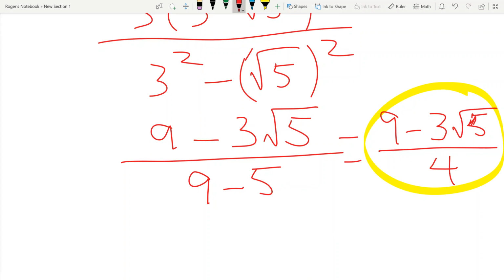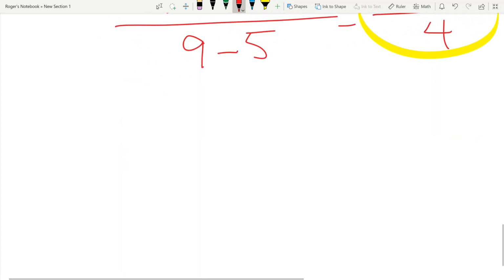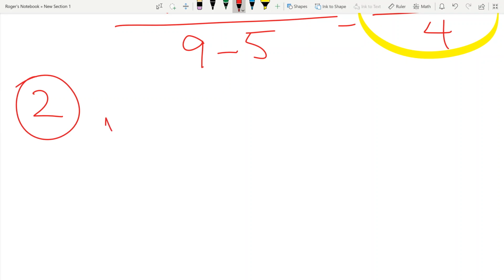Example number 2. Let's go on to this one here. The square root of 10 times the square root of 14.